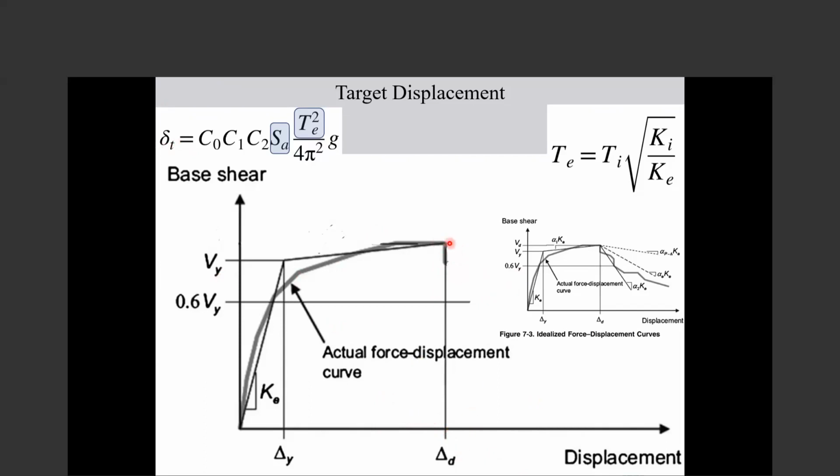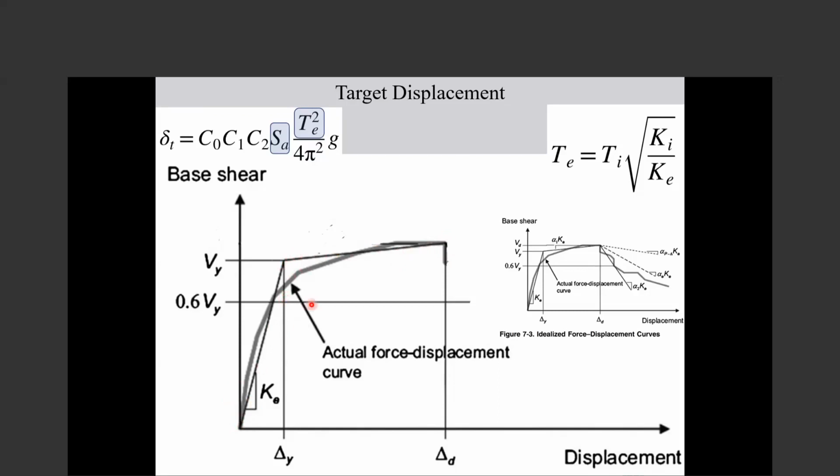So from this point, that is our estimation of target displacement, we select this point. Also, we select this point, the origin. Then we draw two lines. These two lines should satisfy two requirements.